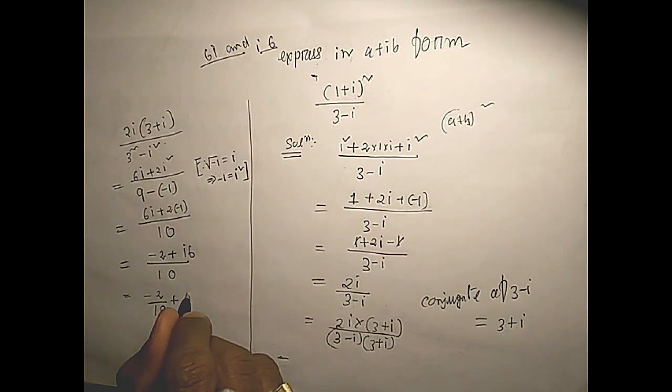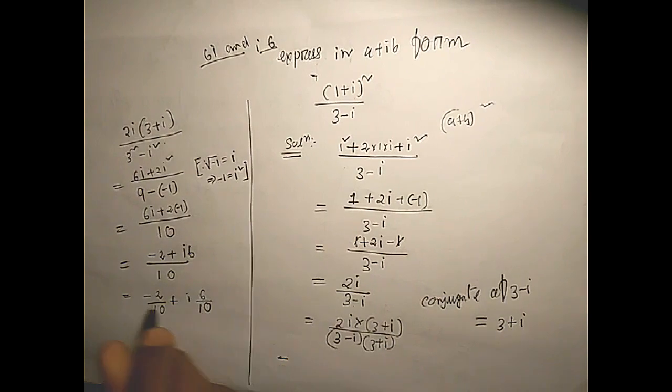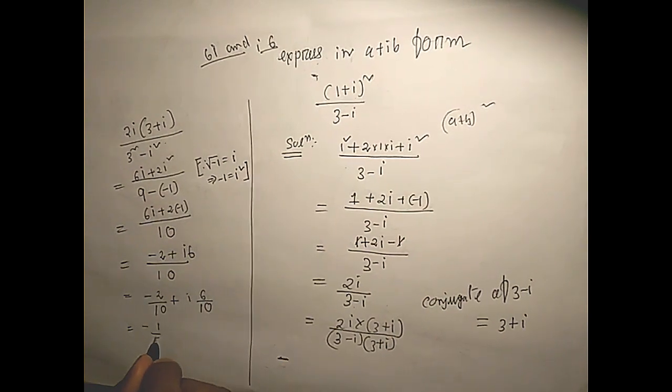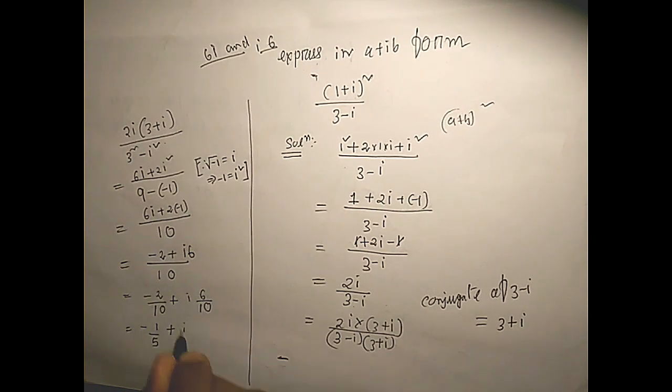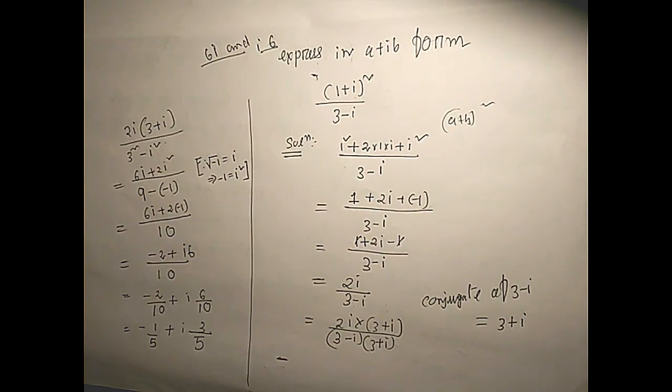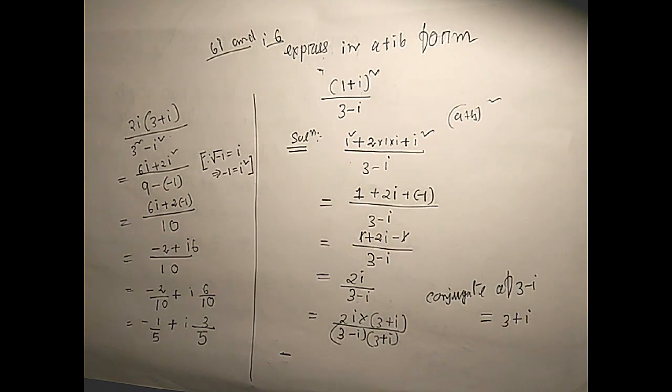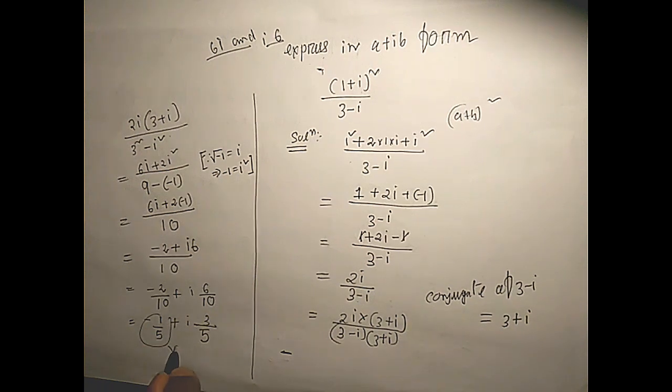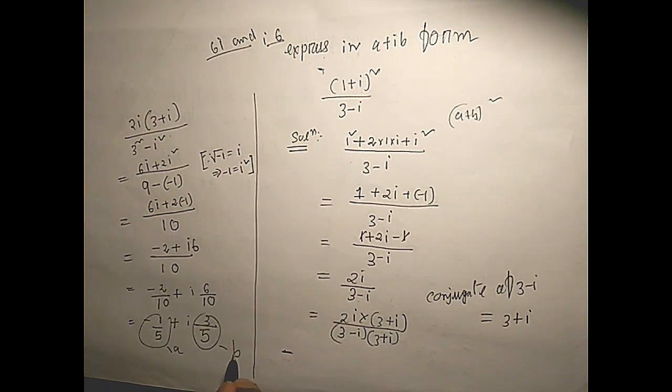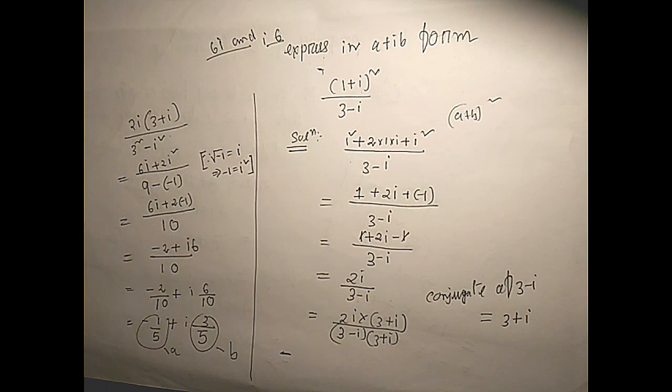So minus 2 by 10 plus i 6 by 10. So minus 2 by 10 means minus 1 by 5, plus i 3 by 5. So a means minus 1 by 5 and b means 3 by 5.